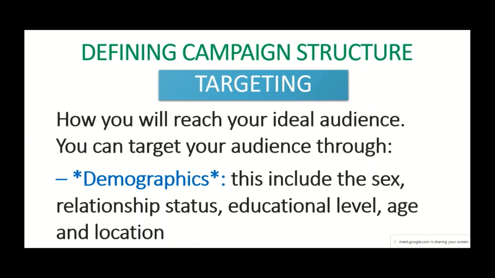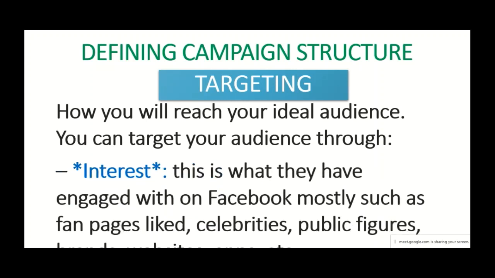When you want to sell something in the health industry related to hypertension, diabetes and the like, you target an age range of maybe 50 and above, or let's say 40 and above, then based on location. So you have to know all these things.